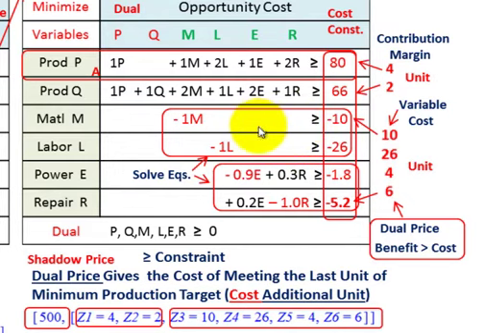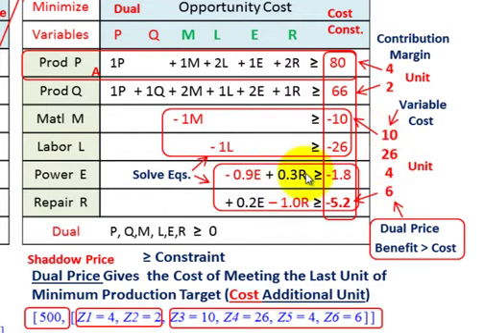For material M and labor L, it's pretty easy, because you can see the solution. M equals 10, from 1M minus 10 for your constraint. So that's your variable cost for that last unit of material that we used, based on a minimization problem. And then L is very simple to solve. You had 1L minus 26, which gives you 26. Okay, so that's what the linear program did here.